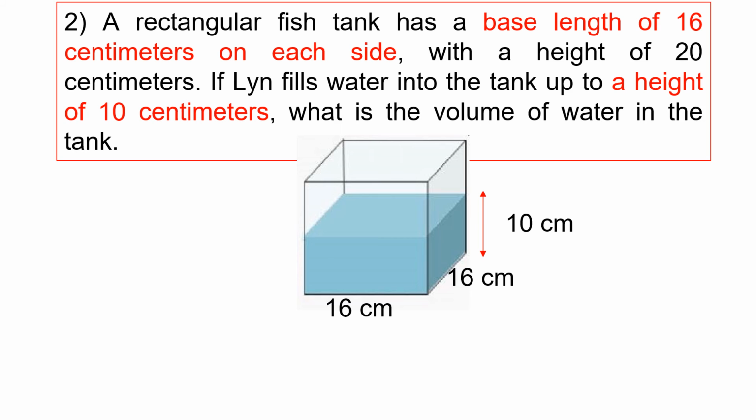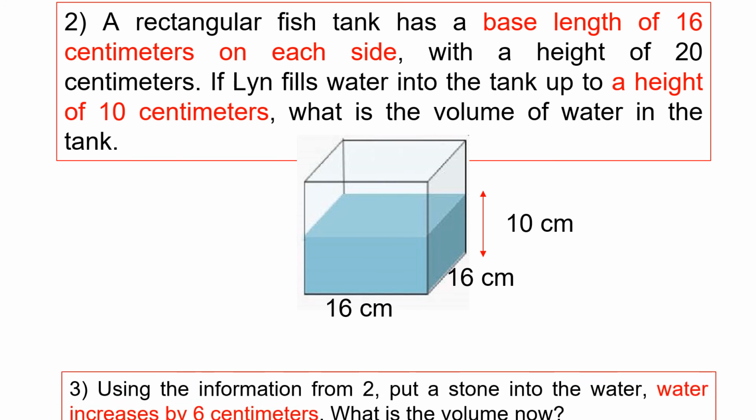So it is 16 by 16 centimeters because it says there the base length of 16 centimeters on each side. And then we are going to use the height of the water. So if Lynn fills water into the tank up to a height of 10 centimeters, I will be using 10 centimeters instead of 20 centimeters, okay? Because the problem is asking us what is the volume of the water.